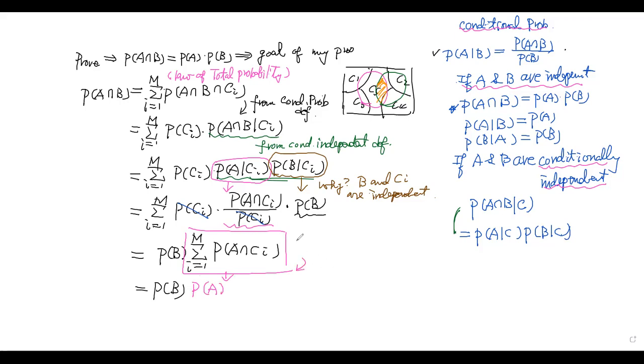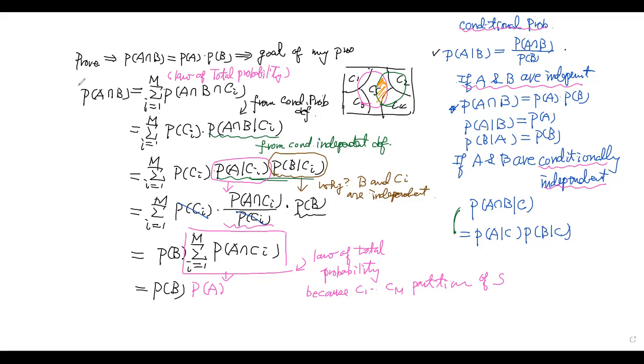This is from the law of total probability, because C1 to Cn is a partition of the sample space S. That's why this is equal to P of A. So we proved it.